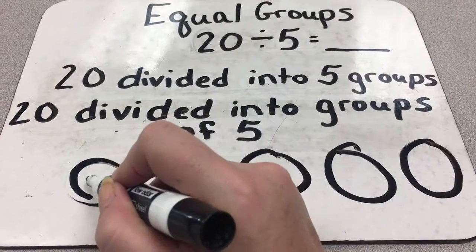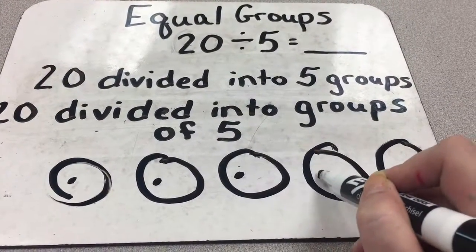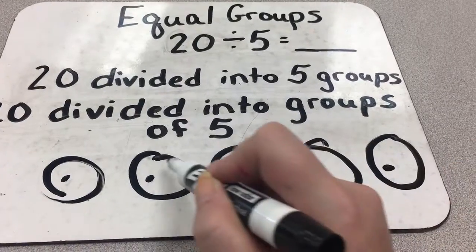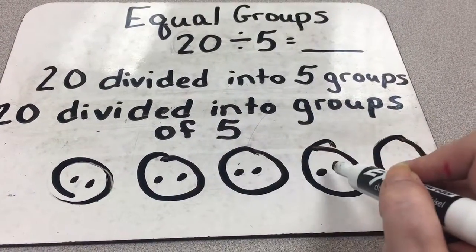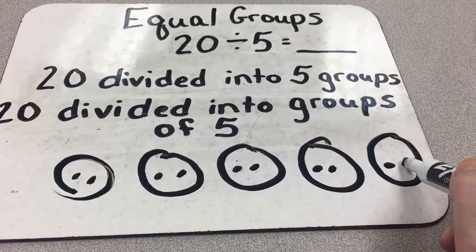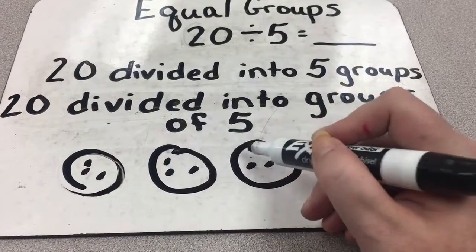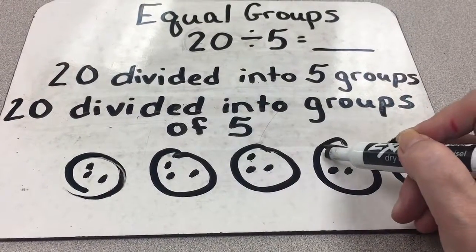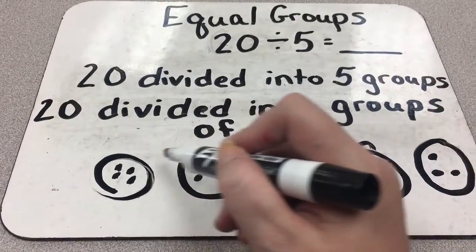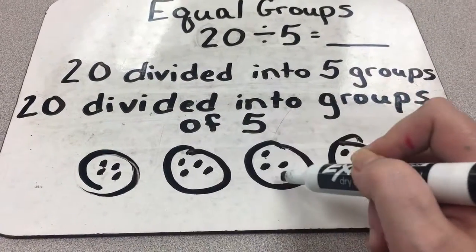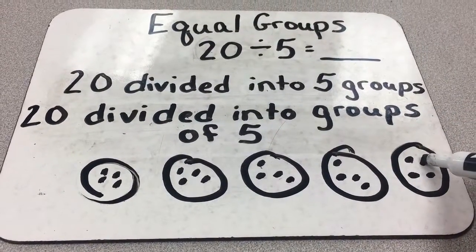So they'll say 1, 2, 3, 4, 5, 6, 7, 8, 9, 10, 11, 12, 13, 14, 15, 16, 17, 18, 19, 20.